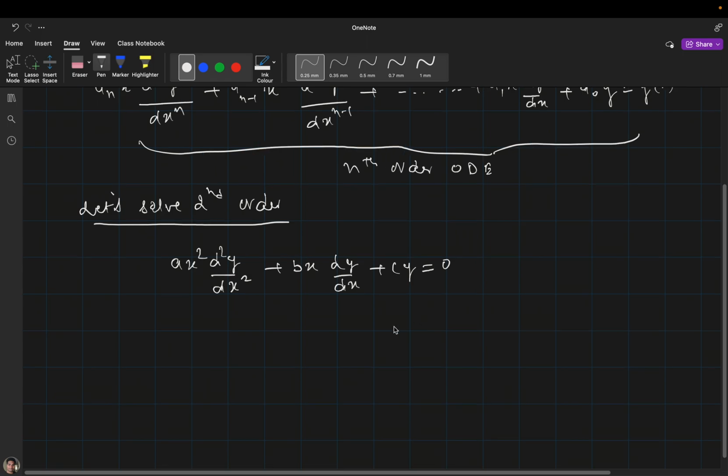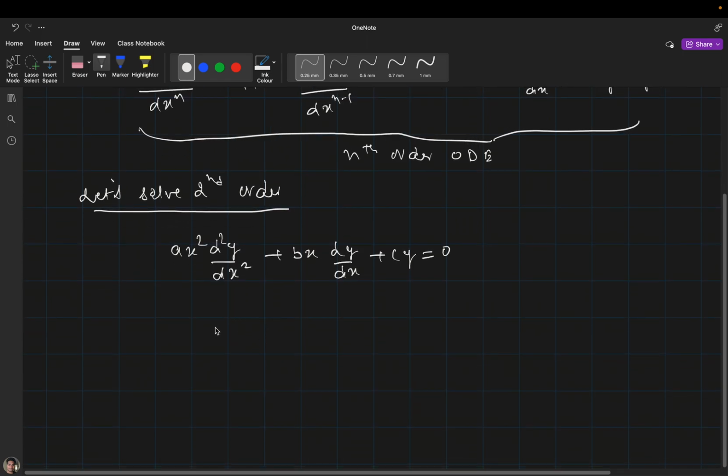Okay, so the idea behind this is we will assume a solution, then we will try to find what are the possibilities. So assume y equal to x raised to the power m is the solution, just like we did previously for the constant coefficient second order differential equation.